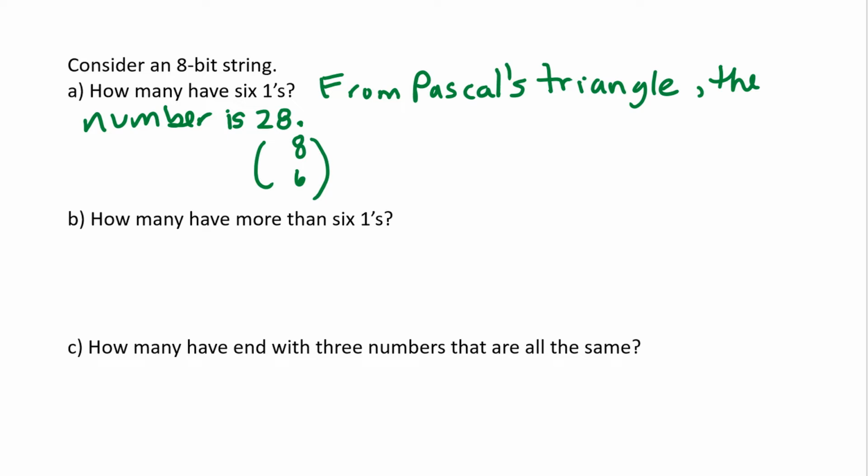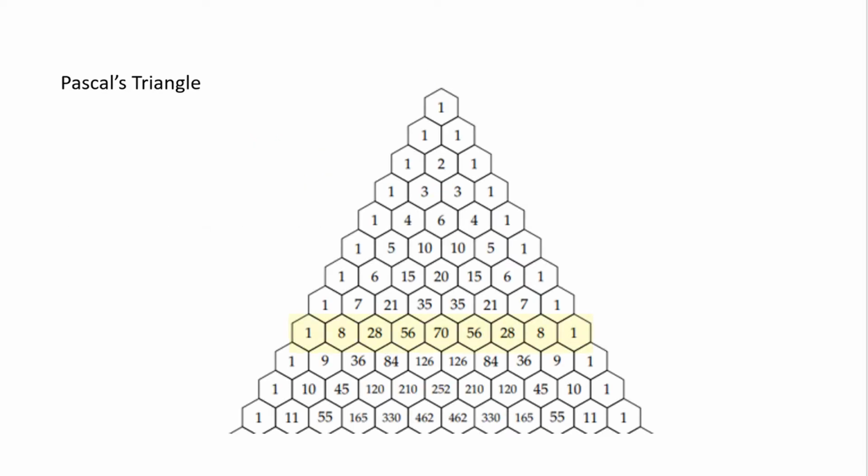Part B, how many have more than 6 ones? To have more than 6 ones means you either have 7 or 8 ones. Again, we reference Pascal's triangle, and to have either 8 or 7 ones, it tells us there's only one way to have a total of all ones, and there are 8 ways to have exactly 7 ones.